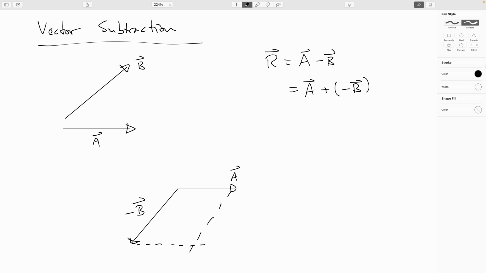There. That's better. And so anyway, I'm connecting via the parallelogram method there. There's my resultant vector r, which is equal to a plus negative b, which is the same difference as subtracting the vectors a and b, like that.